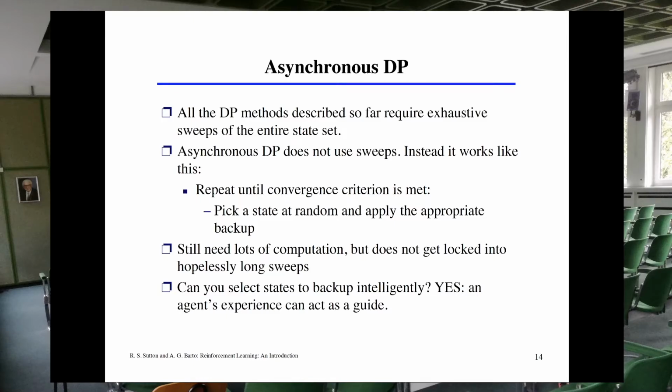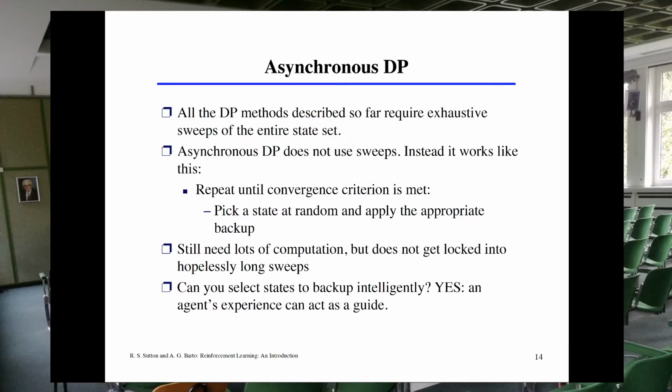Now, asynchronous DP does not use sweeps. Instead, it works like this: repeat until the convergence criterion is met, pick a state at random and apply the appropriate backup. So instead of applying these complete sweeps, you just select states randomly and apply the update rule of your algorithm to update the value for that state.